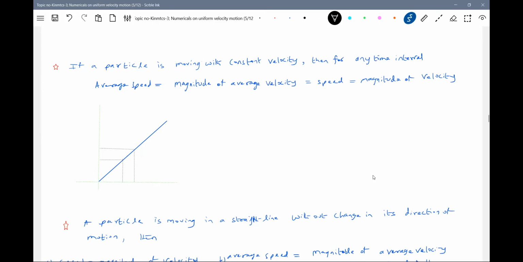If a particle moves with a constant velocity, this is a position versus time graph. This is delta t. This is delta s. So what is V average? Delta s by delta t. This is also equal to V, no? Since it is moving along a straight line, there is no change in direction of motion.